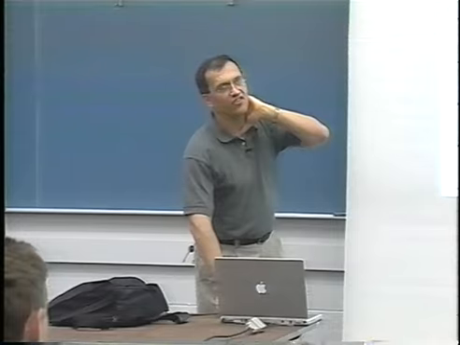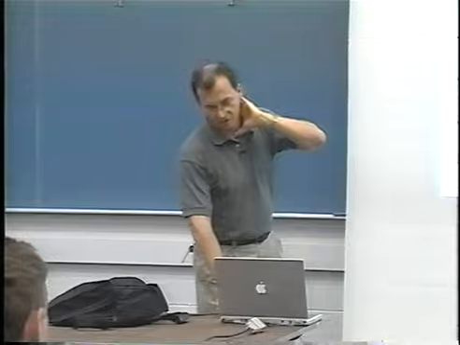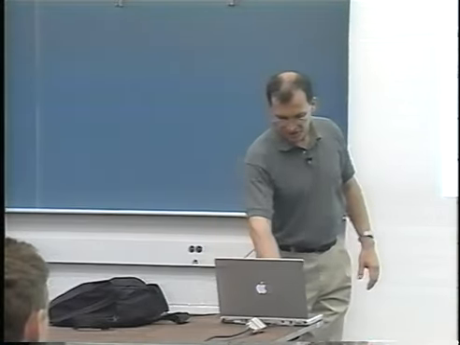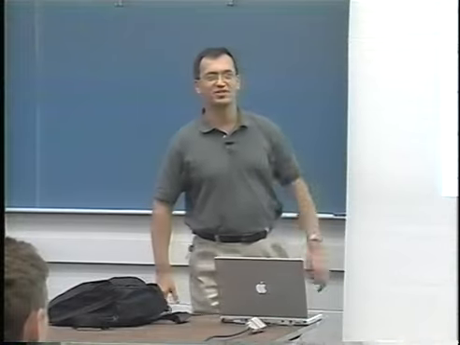Loopy belief propagation is a sort of black magic. It may oscillate, and there are all sorts of bizarre things about it. So I'll stop there. Sorry, it took too long.